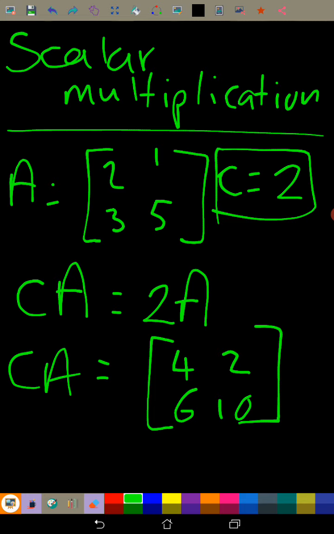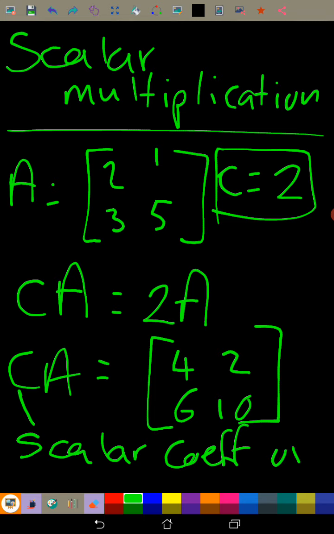So this is the scalar coefficient of A. Sometimes you can multiply by any coefficient to get rid of certain things and so on. It's just scalar multiplication, and you just multiply all the entries by the scalar you want.